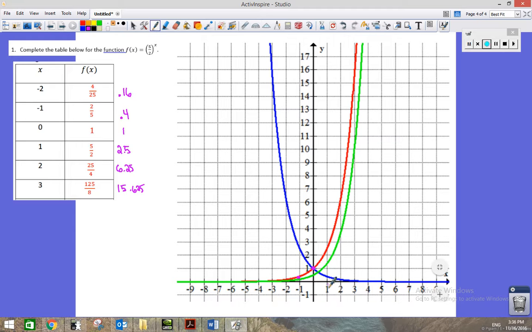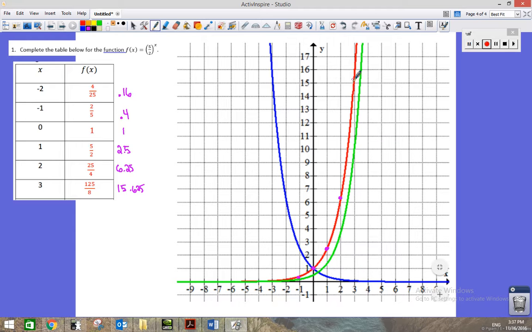And when x is 1, that's about 2.5. When x is 2, 6.25. So here's 6, and yeah, I suppose that could be considered 0.25. And when it's 3, 15.6. When it's 3, here's 15.